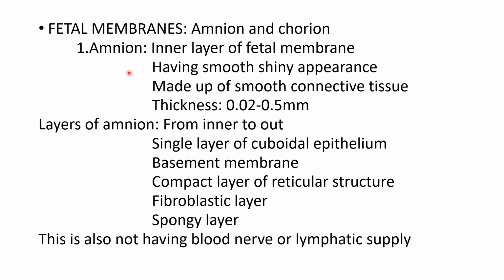So these 5 layers are there for the amnion. The amnion has no blood supply, nerve supply or lymphatic supply. So these are the main points about the amnion.